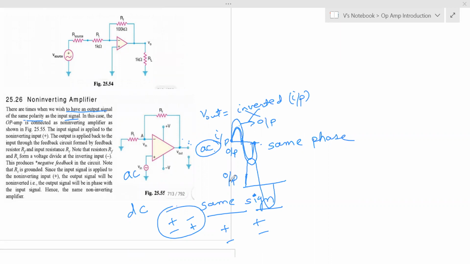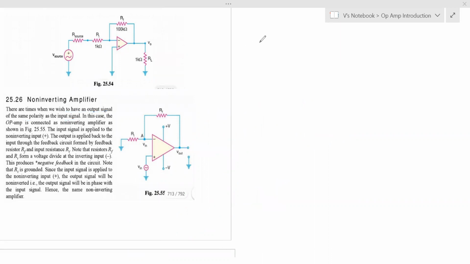So let us see what is the formula for gain ACL that we have to calculate for this circuit. So observe the circuit. Again, there is one input resistor, RI, and feedback resistor, RF. The feedback resistor is connected in between input and output, right? So input we are not providing physically to the inverting terminal, but we are providing input at the non-inverting terminal.